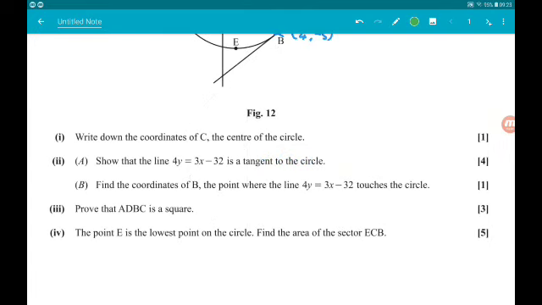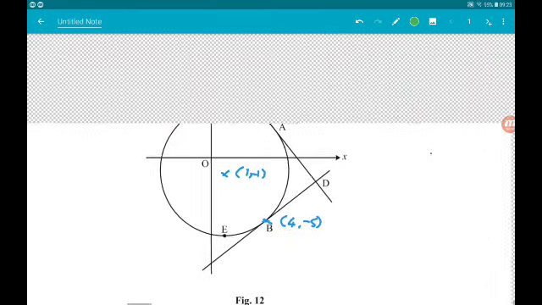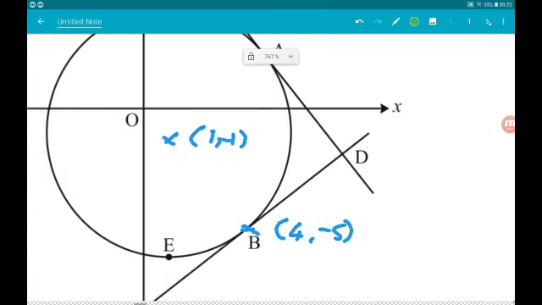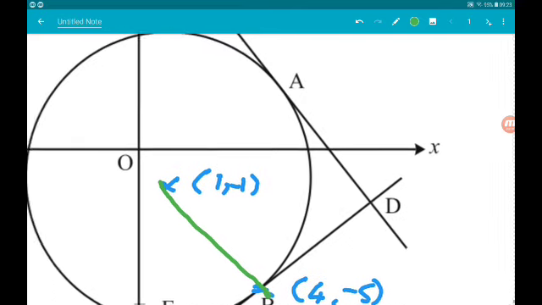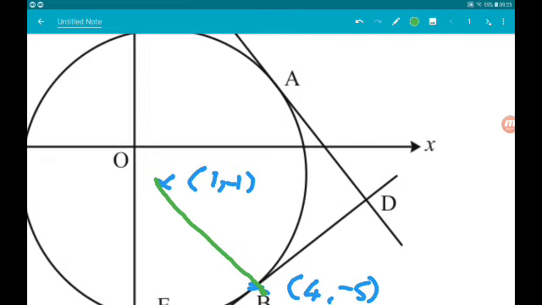Part 3, 3 marks, wants us to prove that ADBC is a square. Okay, so let's join the points up. We need a few circle theorems here.